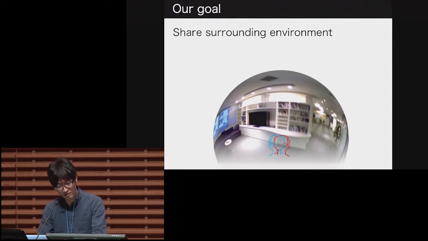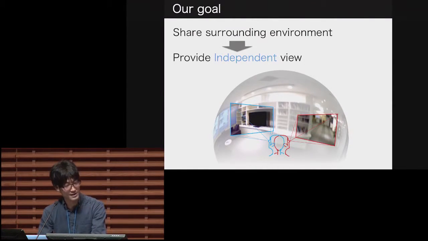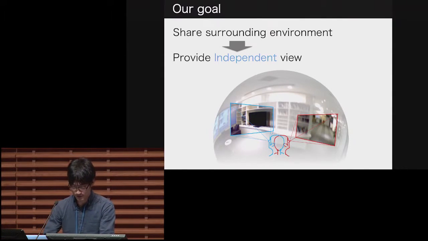So our goal of this research is, for effective remote collaboration, sharing the 4π visuals surrounding one person with a remote person, and providing a view independent from the wearer's head motion in the shared environment. This will realize deep understanding of the environment and effective collaboration.